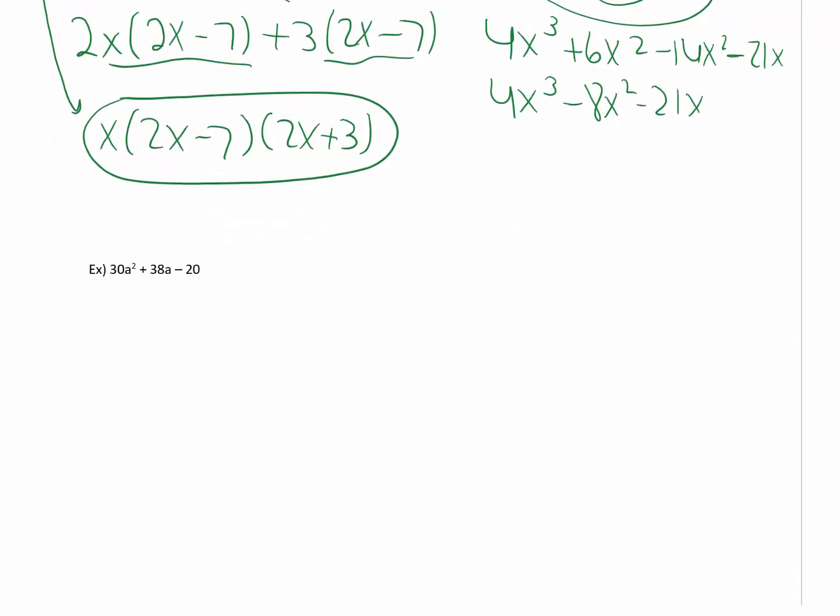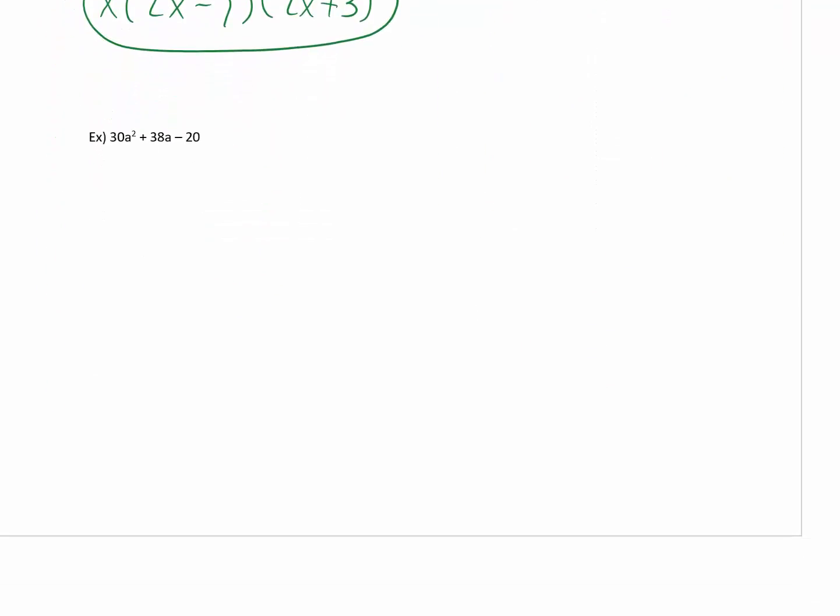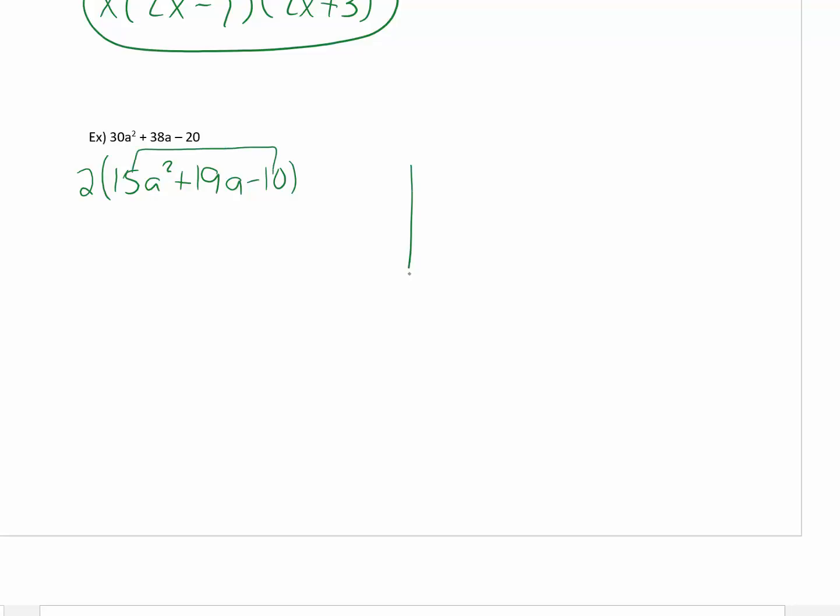Okay, one other example I want to take a look at. Is there a greatest common factor I can take out of all of the terms other than 1? The answer to that is yes, that's a 2. So when I divide out a 2, I have this. Now, we still have 3 terms where the leading coefficient is still not 1. So I need to find what?